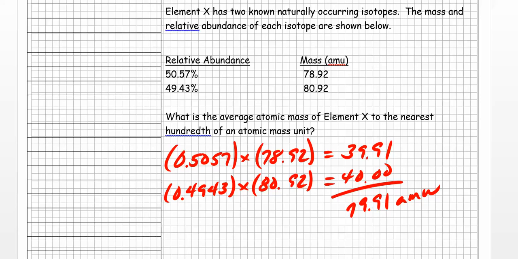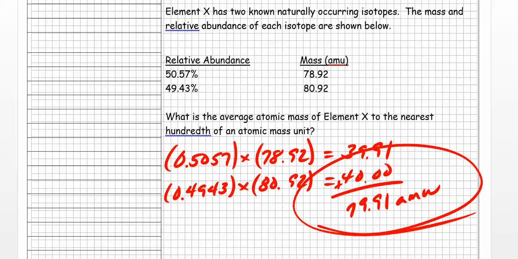And so now what I've got is these 2 numbers right here to the nearest hundredth. I'm going to add those together. 39.91 plus 40.00 gives me 40.91 AMU. That is the average atomic mass, and that'll do it for this installment.